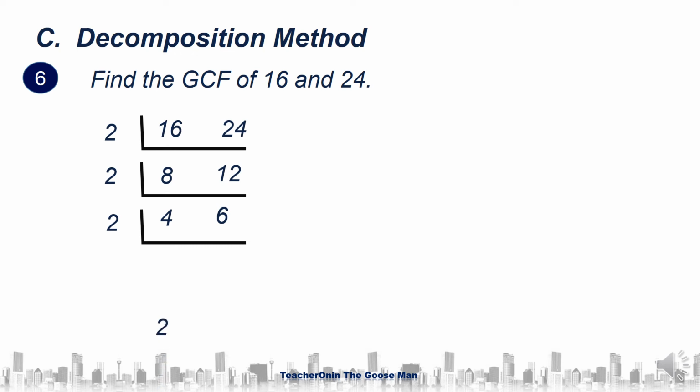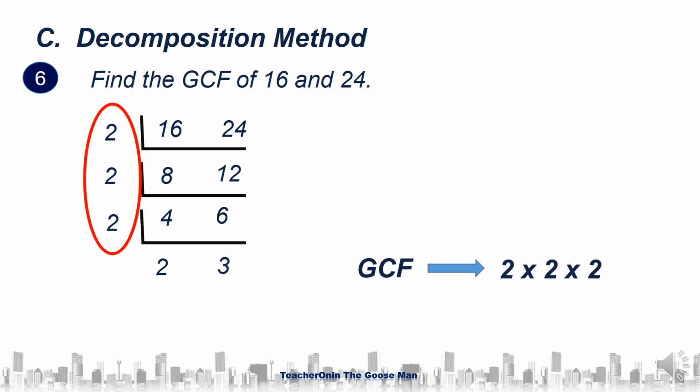So we come up with 2 and 3. Take note that 2 and 3 are already relatively prime, meaning there's no number that can divide them except for 1. So we will encircle the numbers 2, 2, and 2. So our greatest common factor will be the product of 2 times 2 times 2, which is equal to 8.